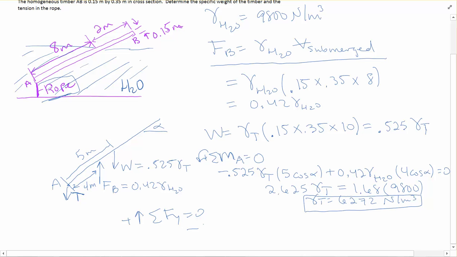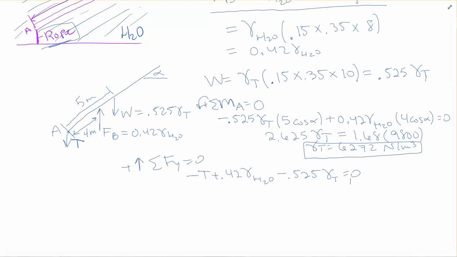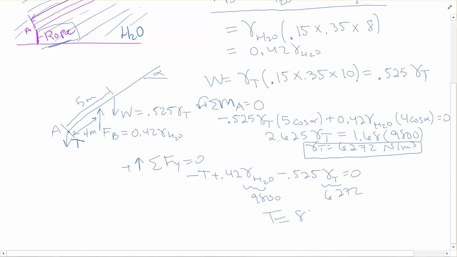So now if we do that, we'll have negative tension plus 0.42 times gamma of H2O, and then minus the 0.525 gamma of timber. You can plug in your numbers for the gammas. So for water we have the 9800, for the timber we have the 6272, and if you plug that in and then you can solve for tension, you'll get 823.2, and that's in newtons.